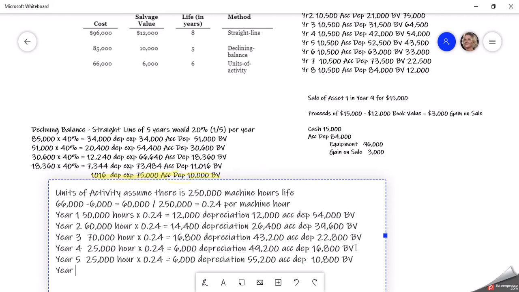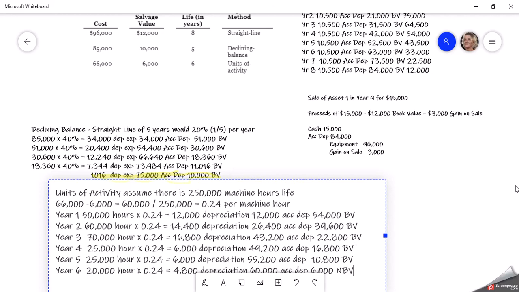And then my final year has the remaining hours, which would be 20,000. And that's 4,800 in depreciation. $60,000 now is our accumulated depreciation, and then our final net book value is what we would want it to be.